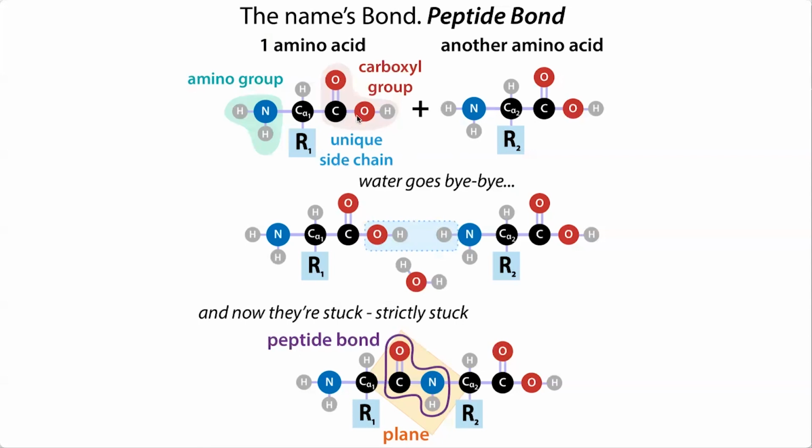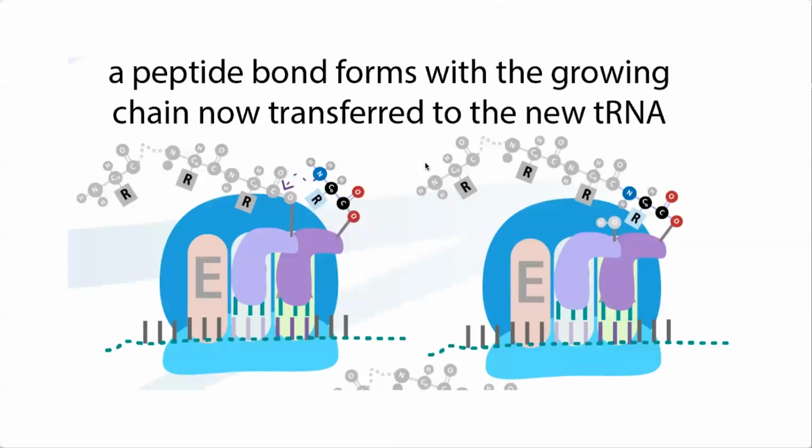So what we'll see is that one of our amino acids is going to be attached to a tRNA in our P site, and then the incoming one is going to be attached to a tRNA, and then this incoming amino acid is actually going to attack the tRNA-attached amino acid, the chain in the P site. So what we're going to get is that we have our incoming amino acid. So this is coming into the A site.